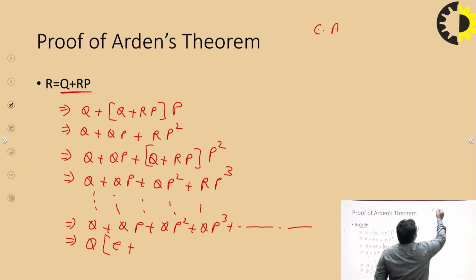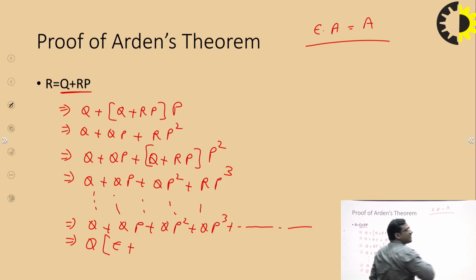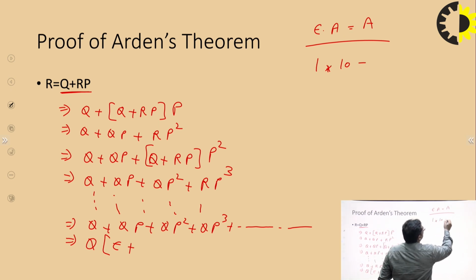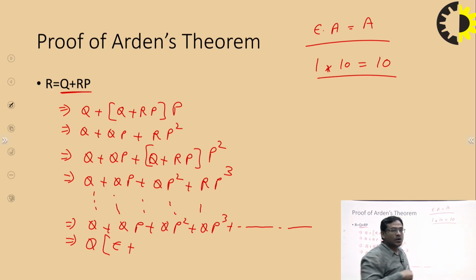Epsilon dot A is equal to A. It behaves like 1 in mathematics, just as 1 multiplied by 10 is obviously 10. Similarly, epsilon dot A is equal to A.